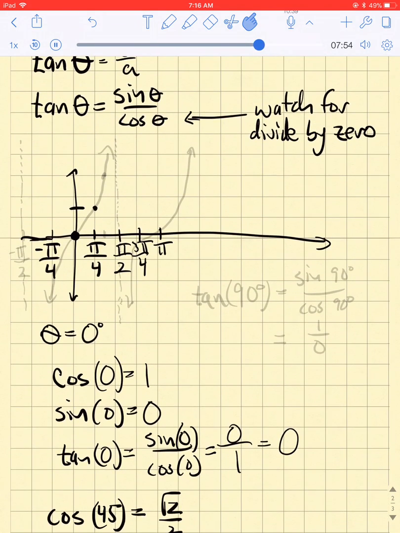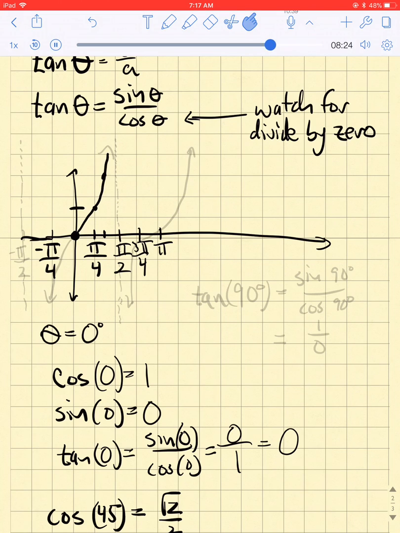But the problem with the divide by zero arises when we try to do tangent of pi over 2. All right? It could be 90 degrees. Tangent of 90, or tangent of pi over 2.